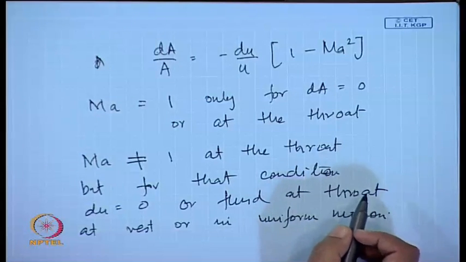First thing we get is that if we want choked flow condition, if we want Ma equals 1, that can only happen at the throat where dA equal to 0. We cannot have Mach number equal to 1 under any other condition, number 1.